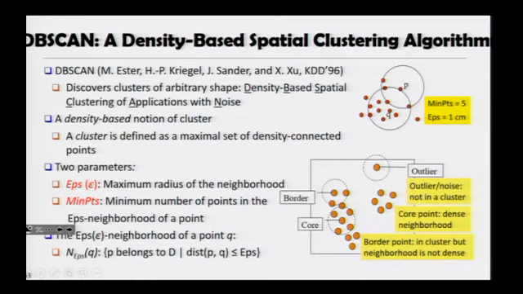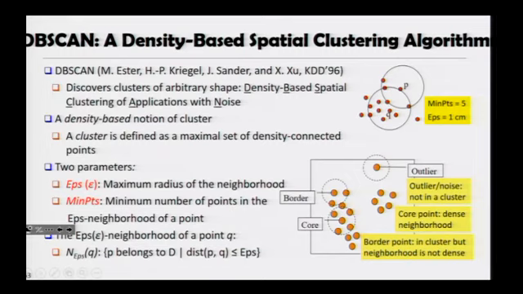One is epsilon, meaning the maximum radius of the neighborhood. If you look at the figure on the top right side here, if we set epsilon as 1, we draw a circle with radius 1 and see how many data points will be included in that circle.